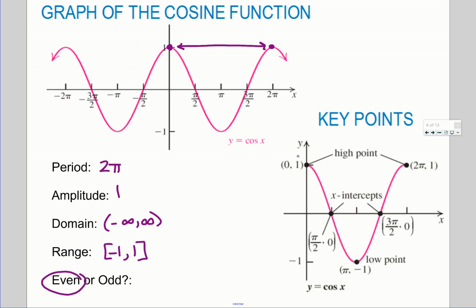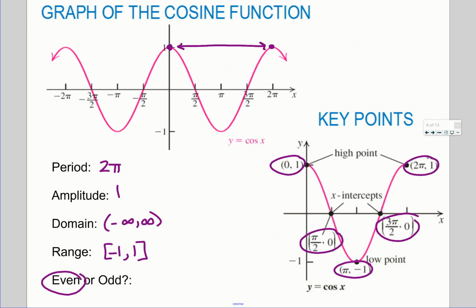Key points again, important. These are coming from our unit circle. These are all those radian measures. When we graph, you're going to have radians on your x-axis at our quadrant angles, the ones that are on the axis. So when we graph the cosine function, we're thinking about the x-coordinate. That's what cosine is on our unit circle.